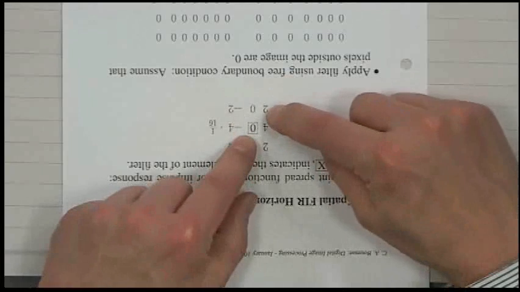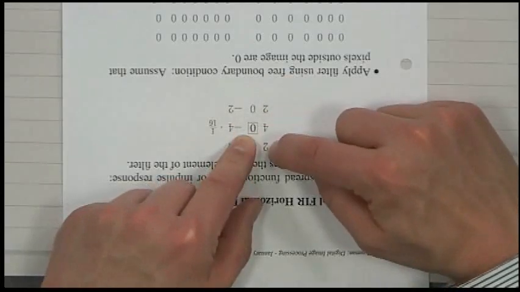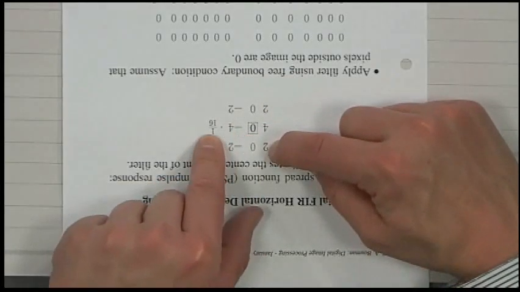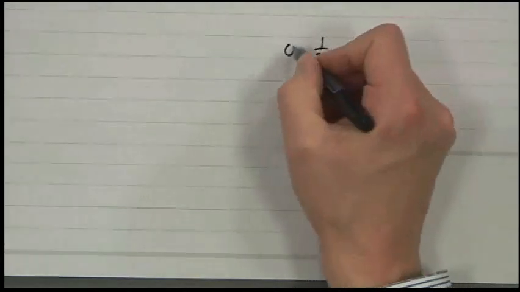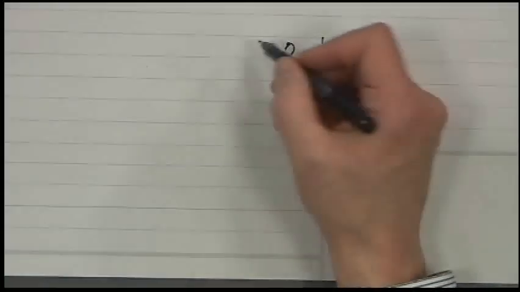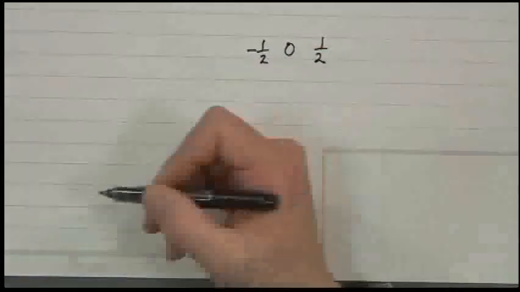Now, this is 2 plus 4 plus 2, so that's 8. So you divide that by 16. So what it looks like is you're really taking 1/2 here, and then you're taking 0 here, okay? And you're taking minus 1/2 here.